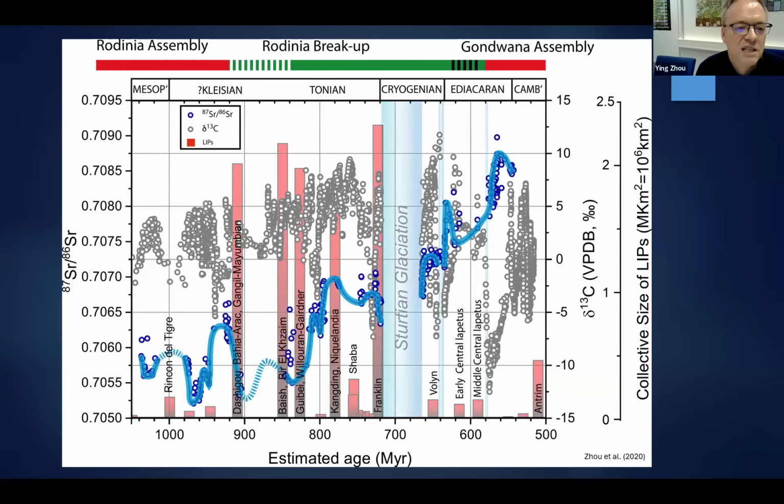Before I was talking about the Hirnantian; this is the Sturtian glaciation, and the timing in this case works pretty well. The eruption of these easily weatherable basalts might input unradiogenic strontium into the ocean and also draw down CO2 at the same time. So there does seem to be some kind of relationship, at least on this scale.